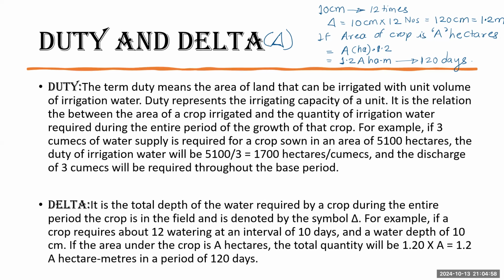This is one way to express the duty. What is the unit of duty? It is hectares per cumec. 1,700 hectares per cumec is an example of one duty.